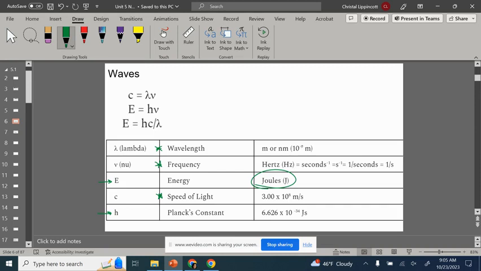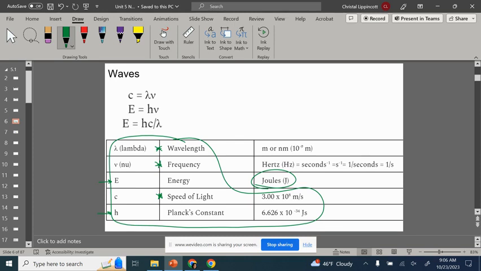This number will be given, all of this stuff here will be given to you on your test. Everything that I've circled there. Okay. So all of this will be given to you on your test. You don't have to memorize any of these equations or values. Okay. But H is always going to be this number.